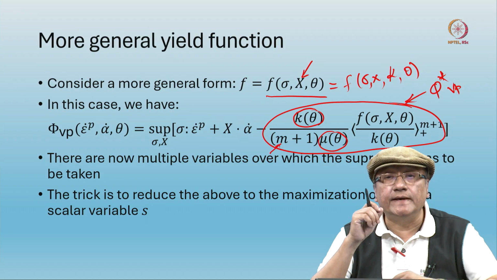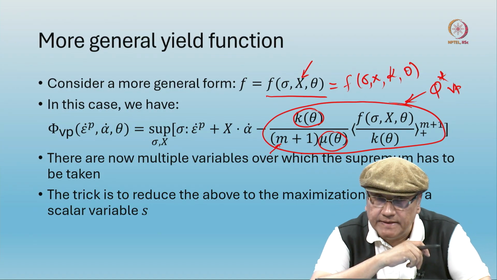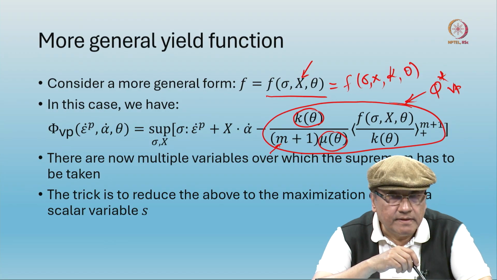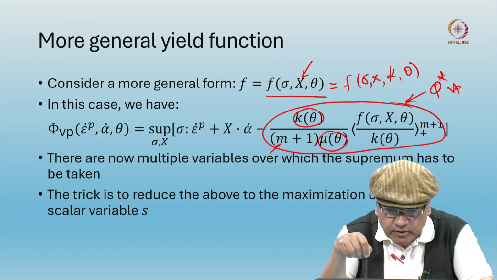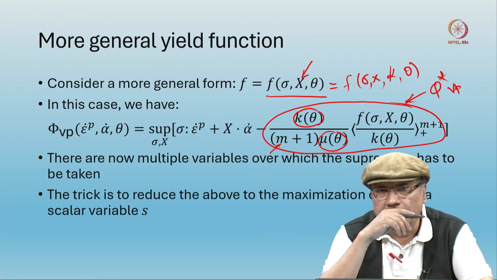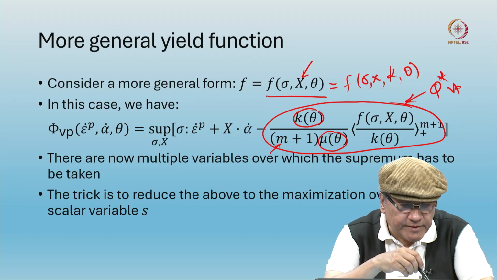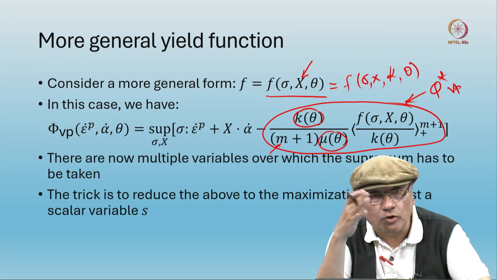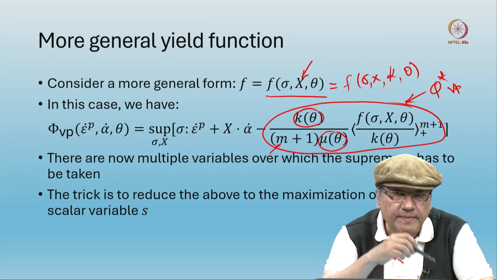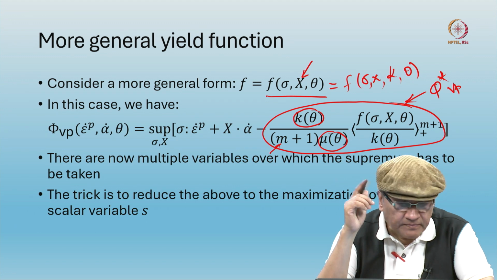If we take a Legendre transform of phi star Vp, the supremum's argument has to be maximized with respect to both sigma and x, all force like quantities, that is all stresses. Sigma is the usual stress, x is the thermodynamic force.